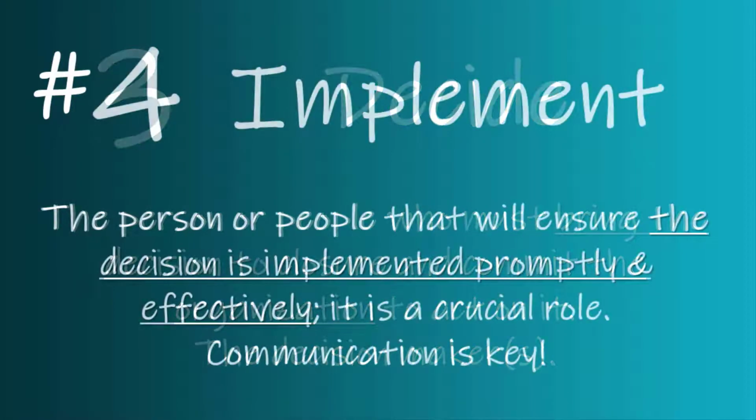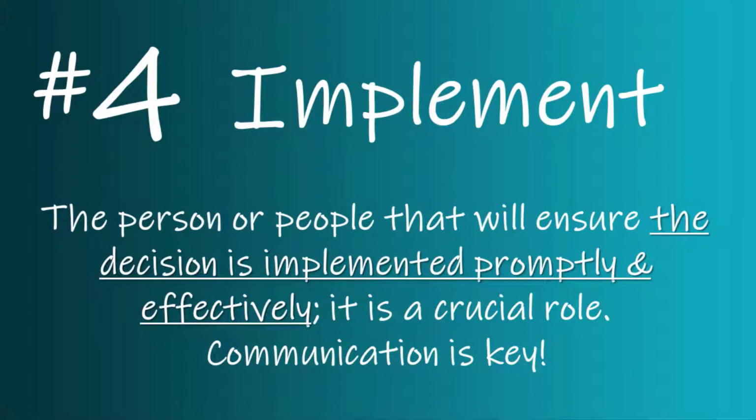Last but not least, don't forget this role, the implementation role. Implementation is critical. I really like to think of that decision point as being the beginning of the work for actually implementing it. There's almost always action items or things that need to follow after a decision is made, making sure that it's really clear, I like to say crystal clear, on who's going to be driving those actions forward, who is doing what and by when.